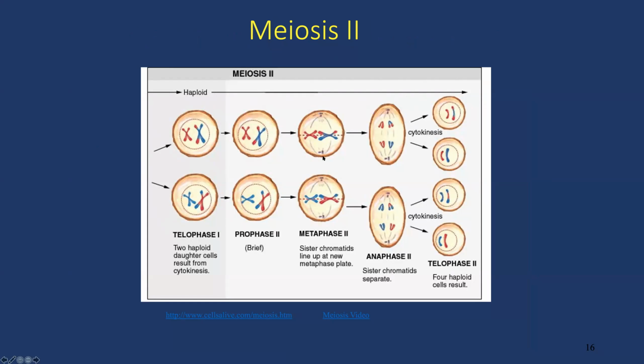You can see the two possibilities here. And after metaphase, the centromere is split, so the two chromatids of each chromosome become independent chromosomes on their own.